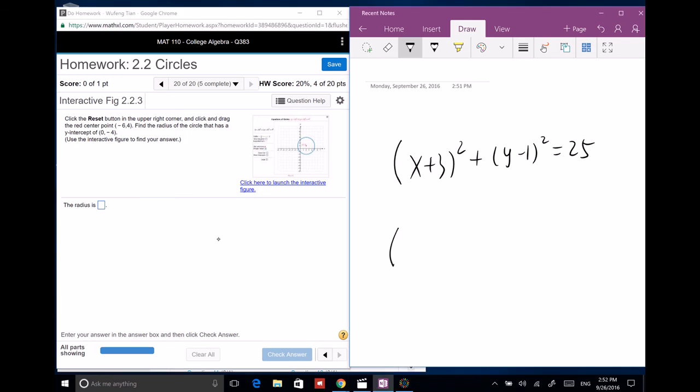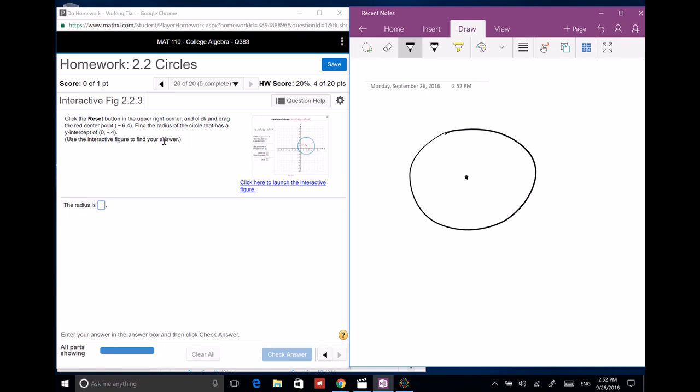So that's another page. The center is negative 6, 4. Find the radius of the circle that has a y-intercept. As I told you, the distance from the center to any point is the radius. So the distance between these two points is your r.